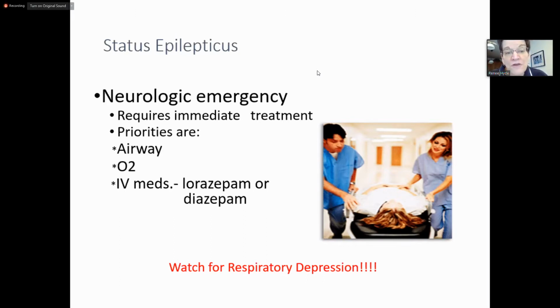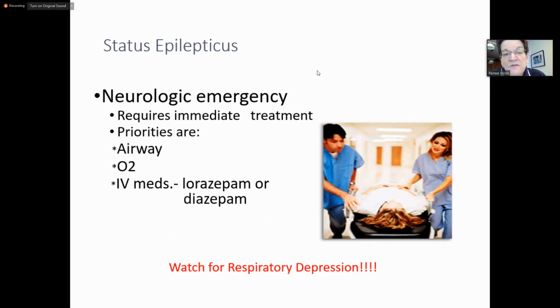Now, one of the other things that can happen with status epilepticus is what we call electrical status, meaning that all external manifestations of the seizure have stopped. They're no longer jerking. They're no longer having that drop attack. But their brain is having that very active pattern on EEG.